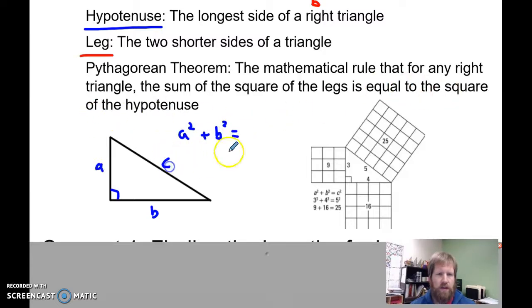Here's our hypotenuse, and that would be c squared.